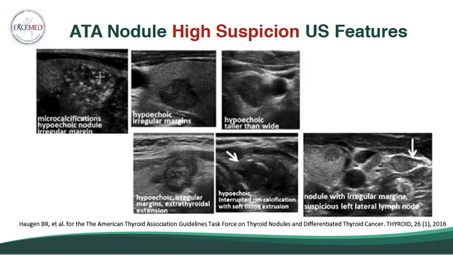So if you have patients with nodules that have microcalcifications, or you have a hypoechoic lesion compared to the thyroid parenchyma with irregular borders, you have a hypoechoic nodule that is taller than wide, you have nodules with irregular margins, you have interrupted rim microcalcification with soft tissue exclusion.